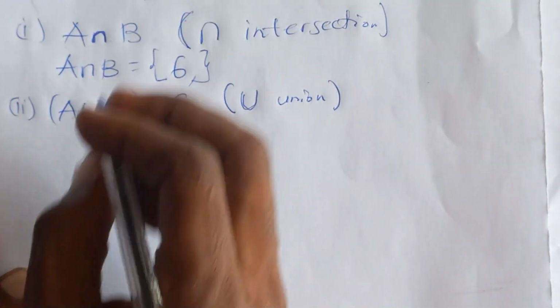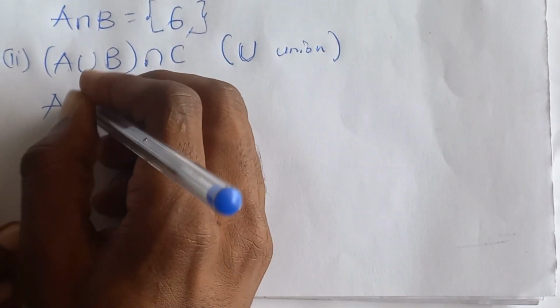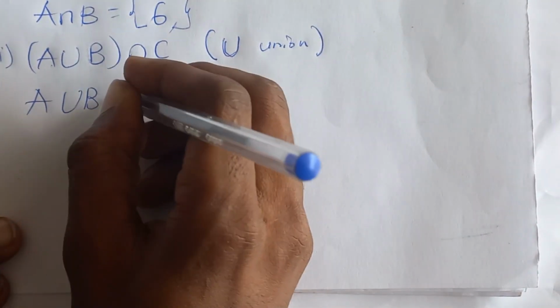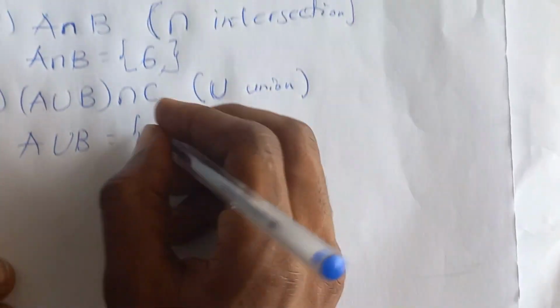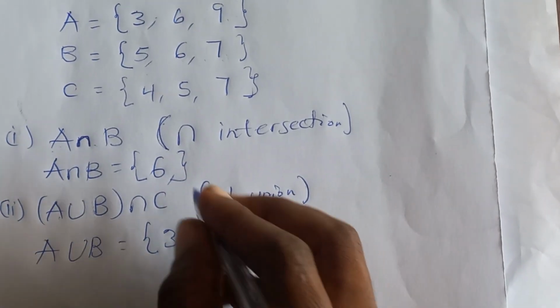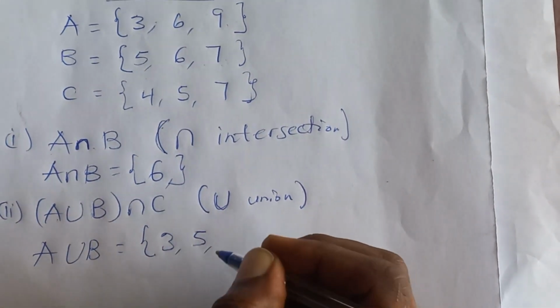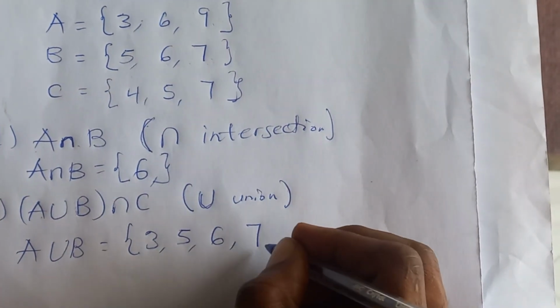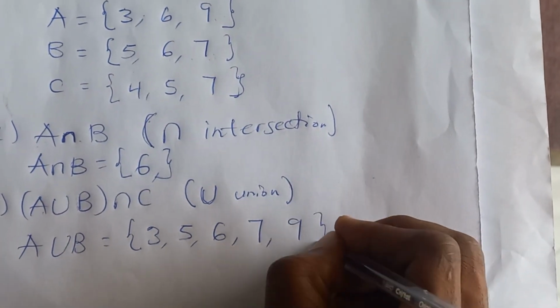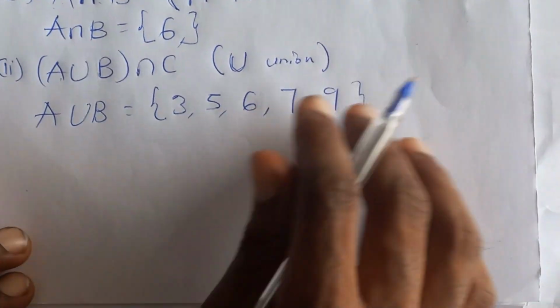So looking at this, A union B is going to be: you get 3 from A, 5 from B, 6, since they are all there, get 7, then 9. So this is A union B.